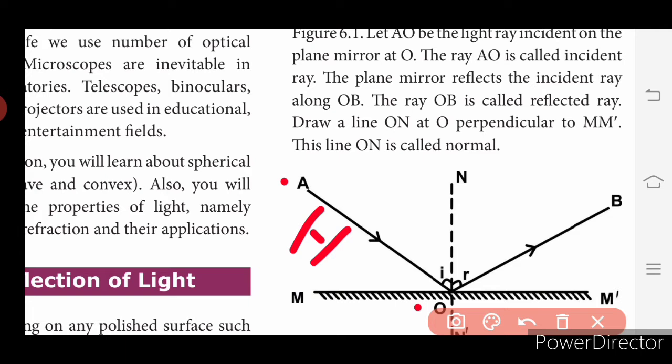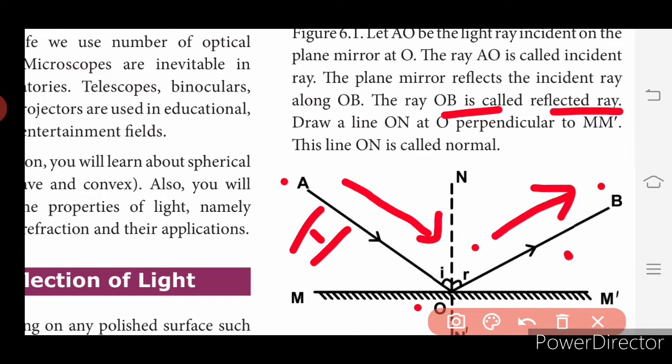The ray AO is called the incident ray, and the plane mirror reflects the incident ray along OB. So this OB is the reflected ray. AO is the incident ray and OB is called the reflected ray.